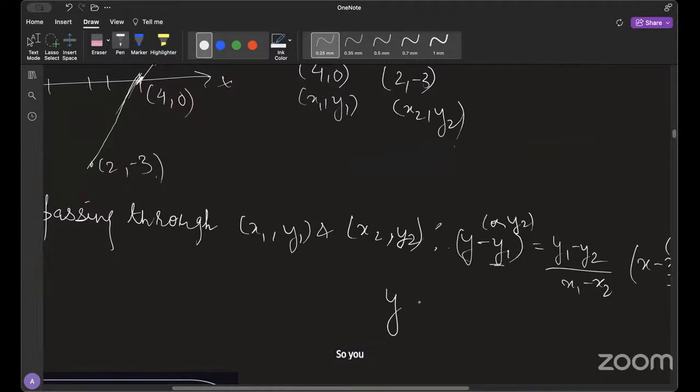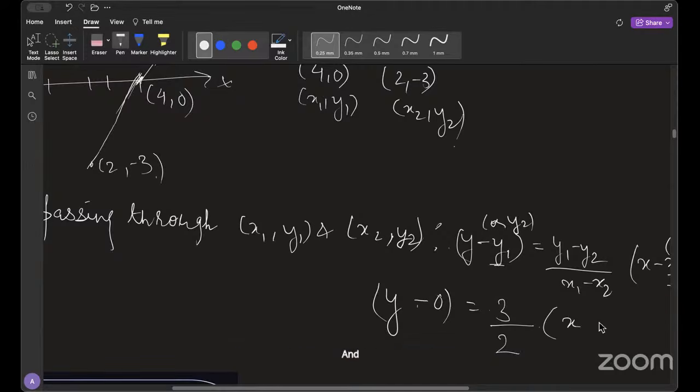So you will get y minus 0, so this is just y. Then y1 minus y2, which will be 0 minus (-3), so it's just going to be 3. And then x1 minus x2, so it's going to be 4 minus 2, which is just 2.